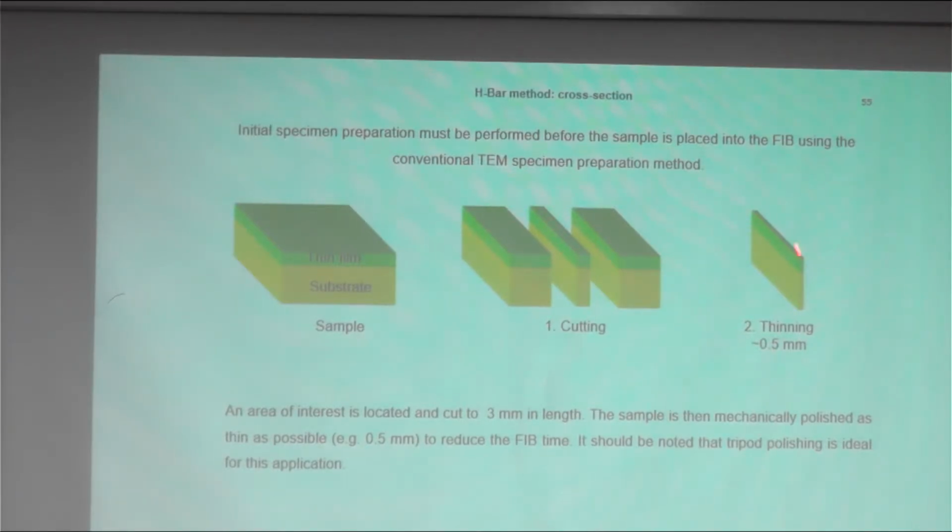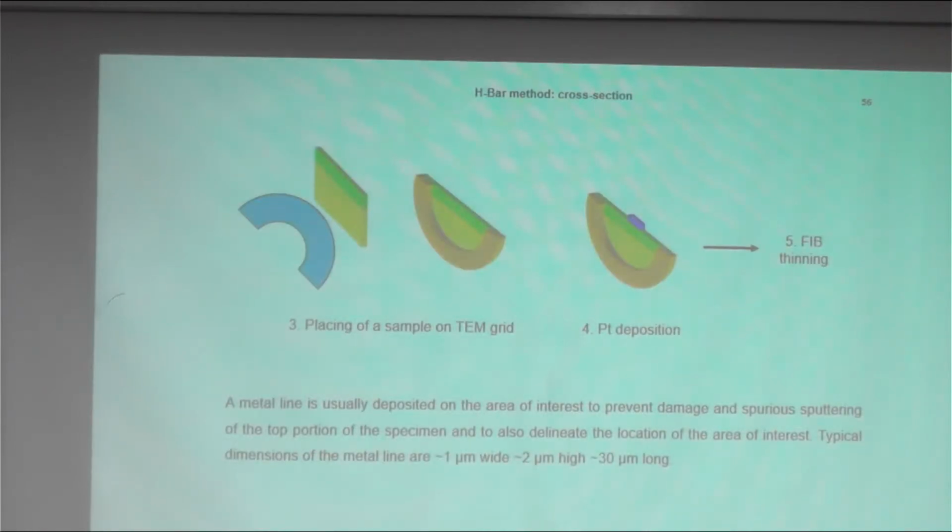Then you thin it down to, let's say, 0.5 millimeter. Then you attach this very thin slice to a half grid, a special half grid. And then you deposit platinum as a protective layer on top, and then you can process the thinning in the FIB system.